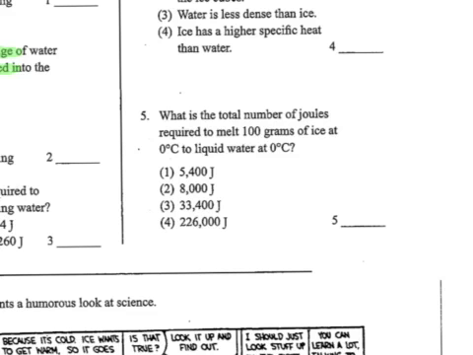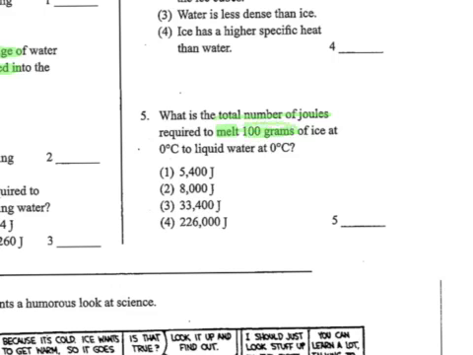Question number 5. What is the total number of joules required to melt 100 grams of ice at 0 degrees to liquid water at 0 degrees? Again, we're talking about 0 degrees to 0 degrees. That's no temperature change, which means we're talking about a phase change. Our phase change is melting, and we are melting 100 grams.